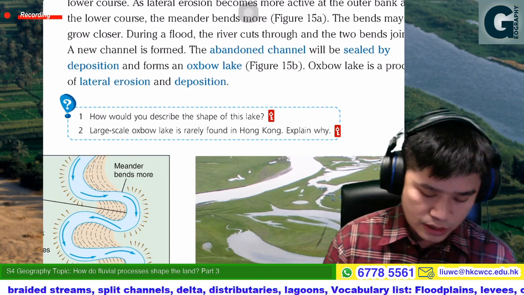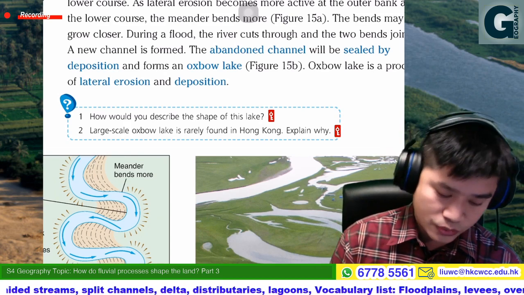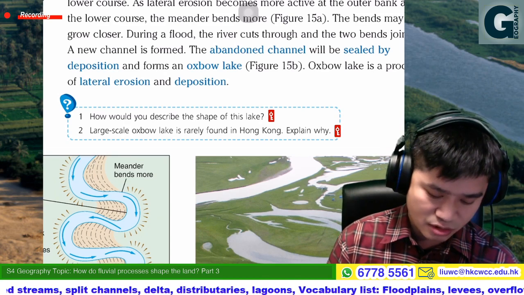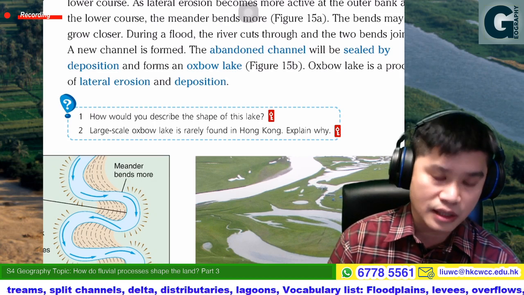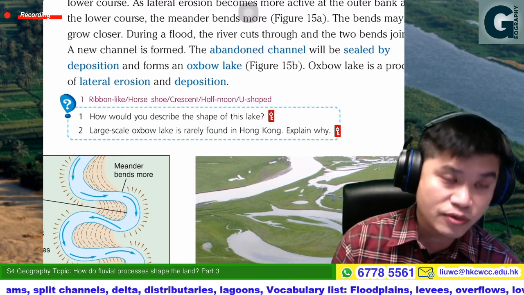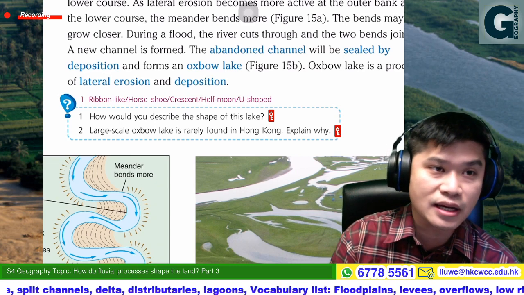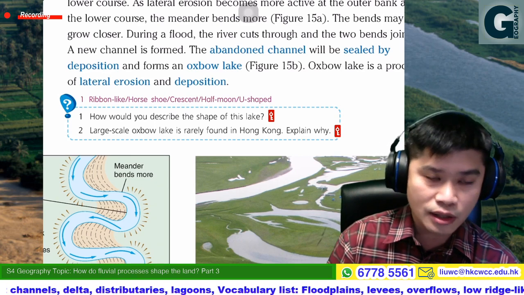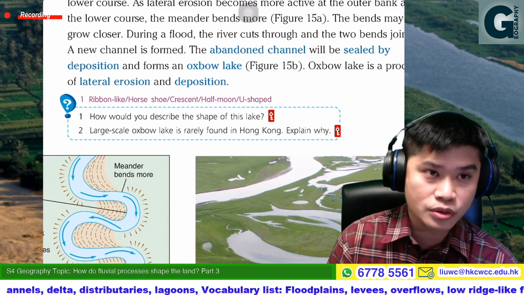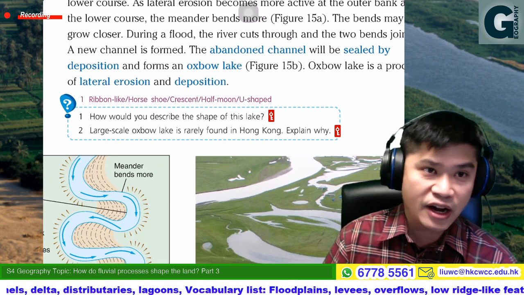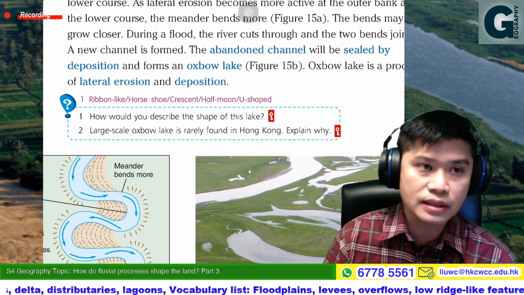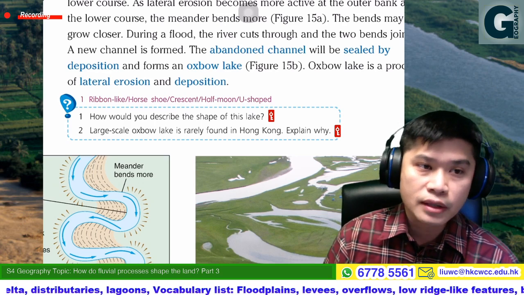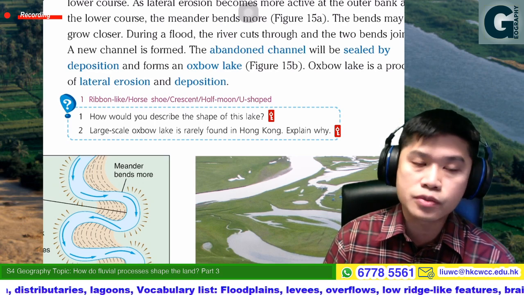Especially for question one, how would you describe the shape of the lake? This is very important. You may say a horseshoe, crescent, half moon, or sometimes U shape. That is how we describe the Oxbow Lake.